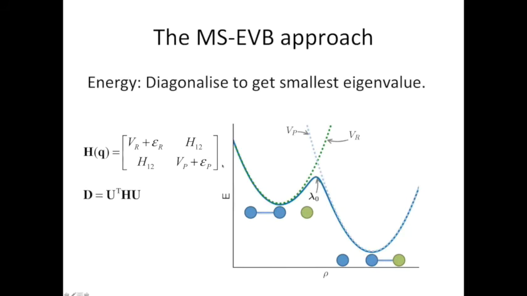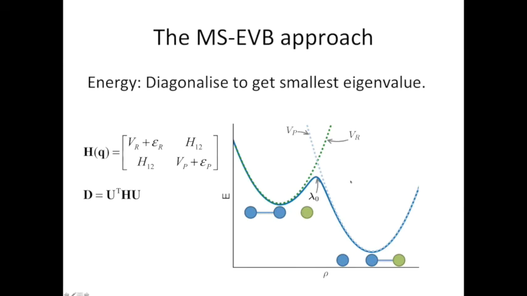If I then diagonalize that matrix and get the smallest eigenvalue, I get a potential that smoothly connects these two different states. So my potential energy surface is now the lowest eigenvalue of this matrix, which I've expressed here as a unitary transform, where U is my eigenvector matrix.